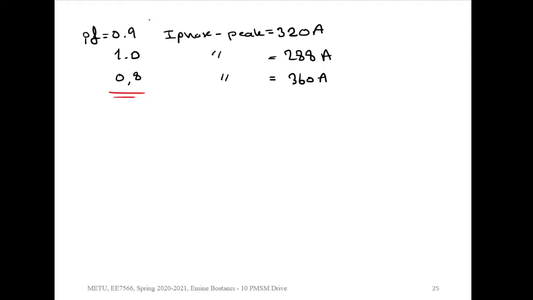So you need to know the power factor of your system, and you need to calculate the maximum required current based on that power factor so that you can size your inverter.